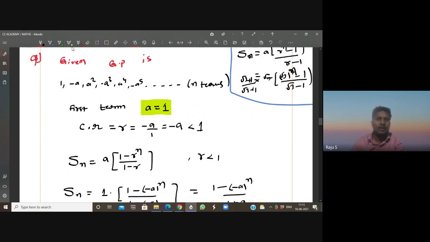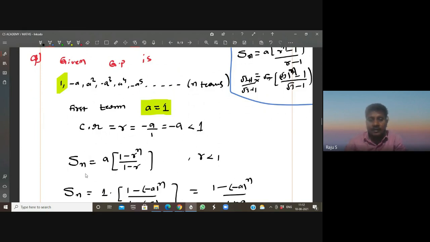So once again, what I have done here. Already they have given a geometric progression. So the first term is clearly 1, and the common ratio is given by the second term by the first term. So here we got minus a, means negative values we are getting here. So it is always lesser than 1.